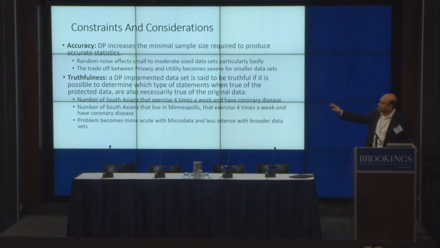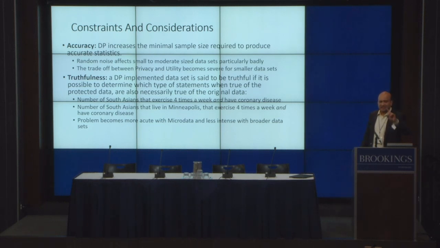Truthfulness is another very important metric of all statistical analysis. Truthfulness is, before injections, if I can make some statements about a population data sample, after injecting the noise, can I make those same statements? That's the truthfulness criterion. So if I ask the question, number of South Asians that exercise 4 times a week and have coronary heart disease, if I can say something before injecting the noise, can I say the same thing after injecting the noise?